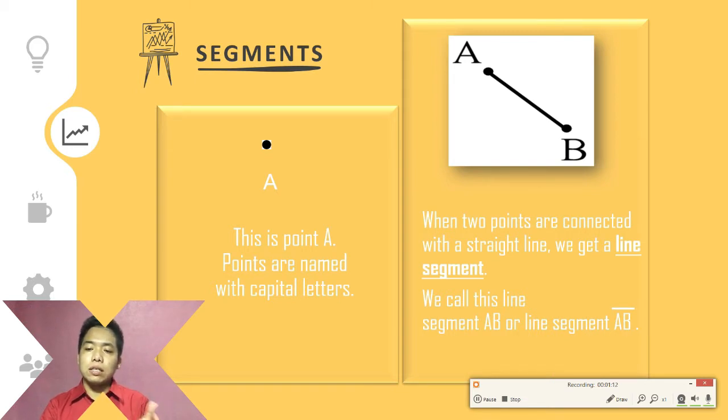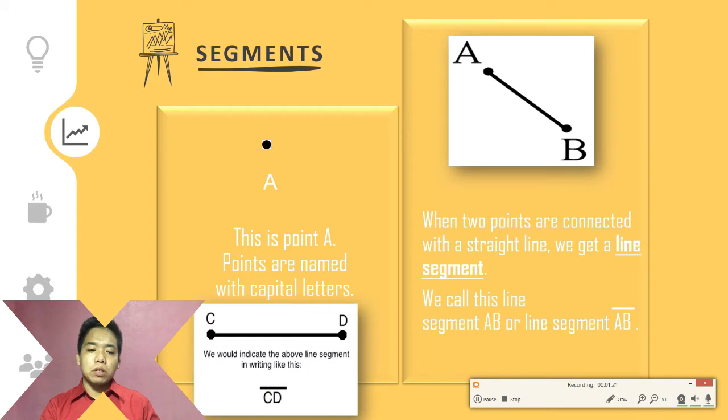We denote a line segment by writing AB, putting a bar above the letters. Another example, point C is connected with point D, and we would indicate the line segment by writing CD with a bar above the letters. That is a line segment.